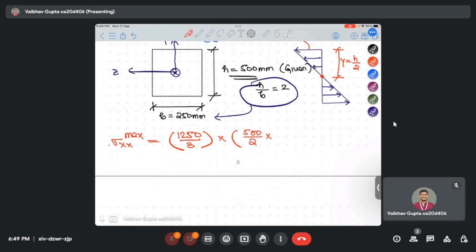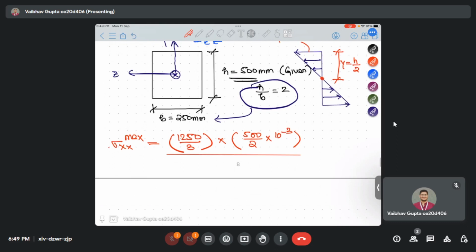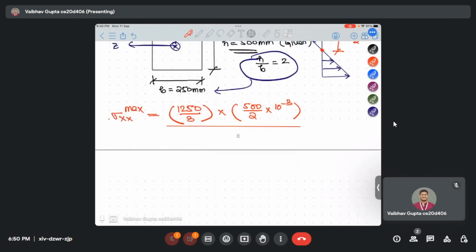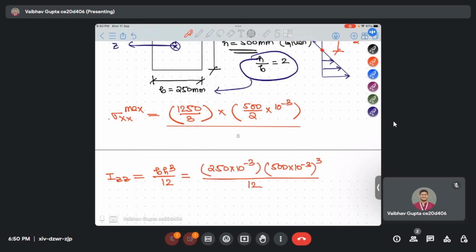Since it's in mm, I will convert it into meters, which is 10 to the power minus 3, divided by Izz. We'll find Izz also for the rectangular section. So Izz for a rectangle is nothing but b h cube by 12 about the center of gravity. b is 250 mm into 10 to the power minus 3 to convert it to meters. h is 500 into 10 to the power minus 3 to convert it to meters, whole to the power cube, by 12.